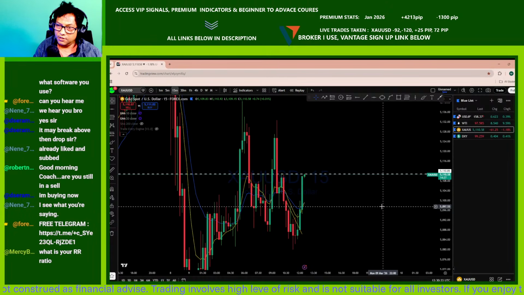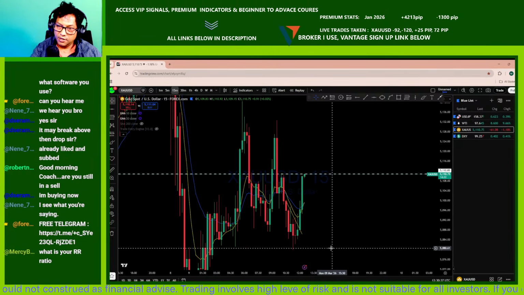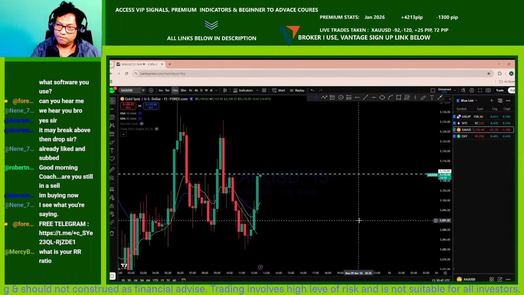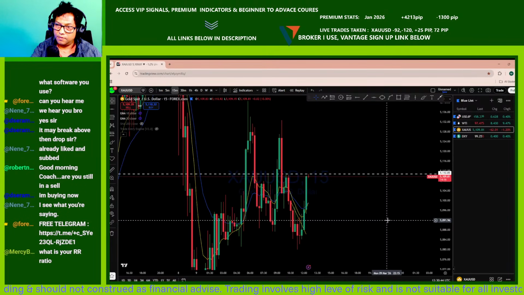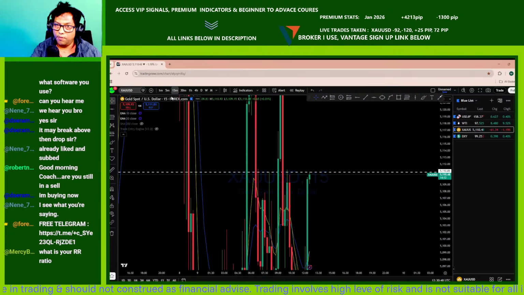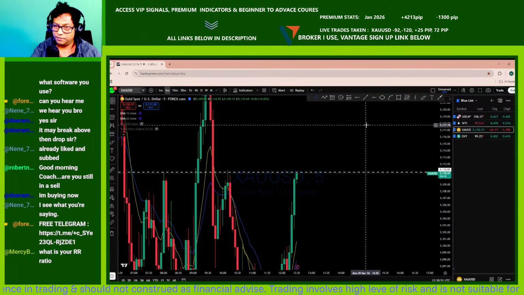Now this market started to move off this support, right? And in one single move, it left an imbalance here. The question is, are you going to see it drop back below here to the support level?